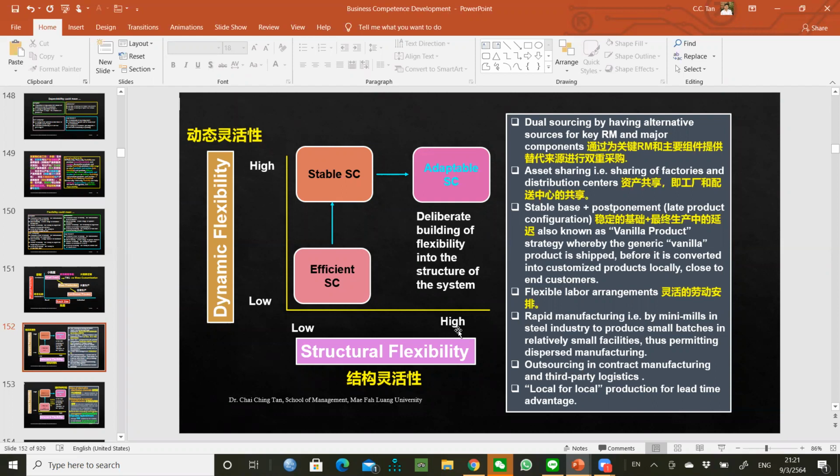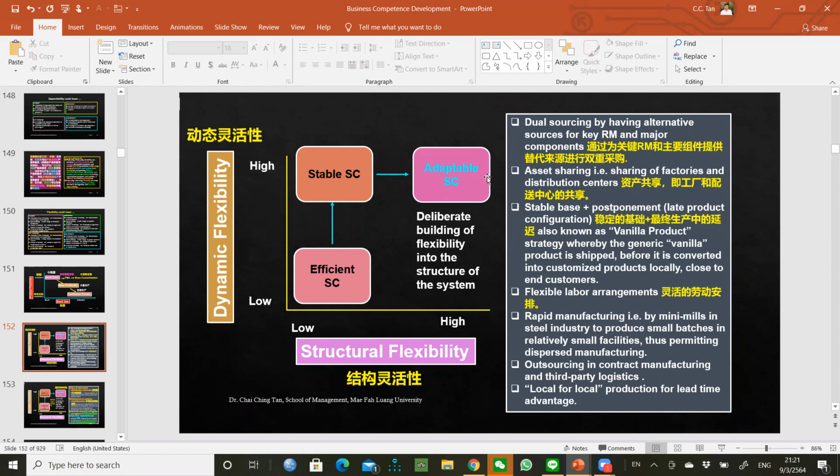So if you have, for example, high manufacturing flexibilities and dynamic, quickly move around, you can have adaptable supply chains rather than stable supply chains or efficient supply chains, in terms of the high dynamic and lower dynamic in the low structural flexibilities, meaning it's very structured, right? People look at your factories, oh, it's so structured.